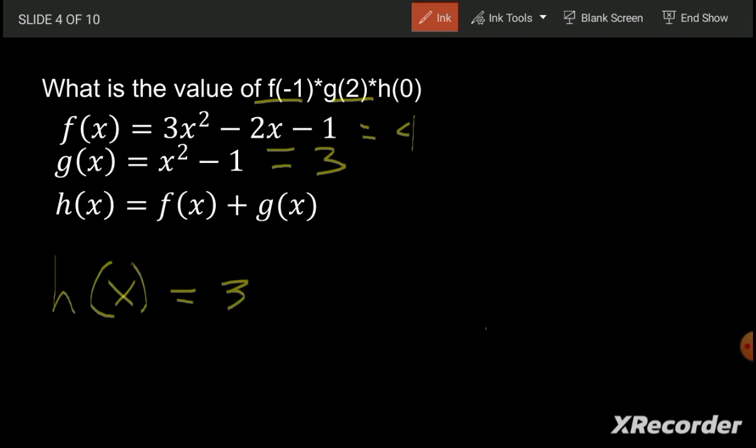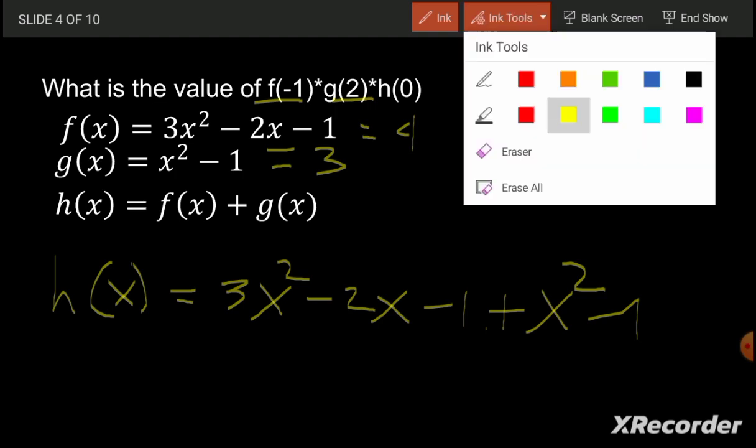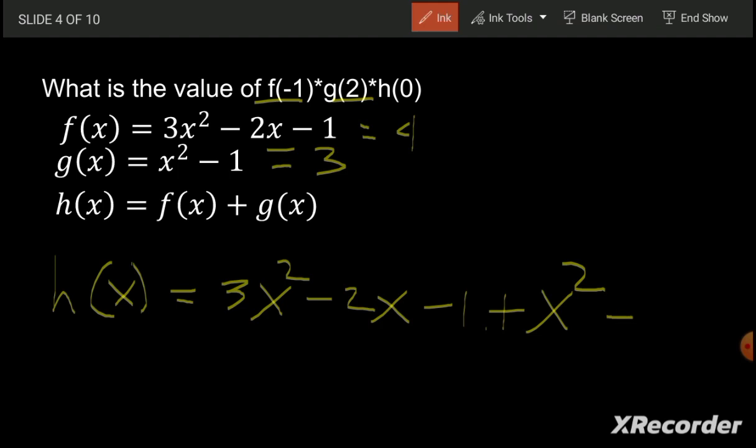So from f of x, which is 3x squared minus 2x minus 1, plus g of x, which is x squared minus 1, we have h of x now equal to, by doing the operation on similar terms, 3x squared plus x squared becomes 4x squared now.